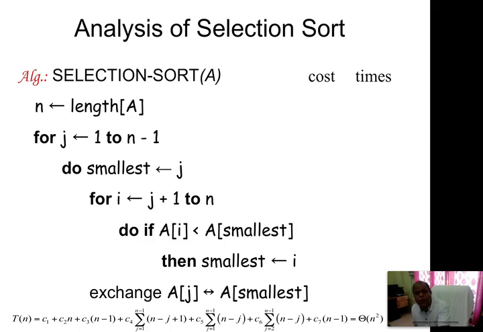Okay. Now we will analyze the selection sort. For the first statement, suppose the cost is C1 and the number of times it will run is 1.